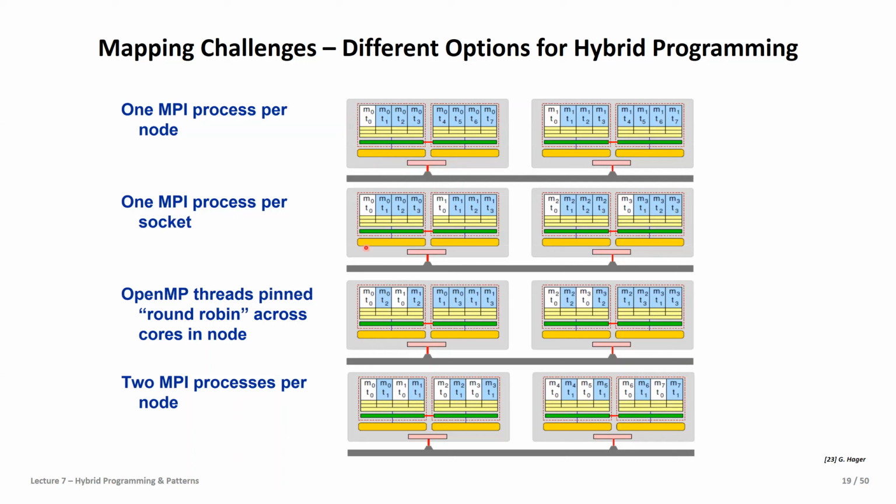Or you would do an MPI process per socket, where you're still within the memory space, together on this one shared memory node. And then there's the possibility to do a kind of round robin across cores in the node, depending on how you specify this. Perhaps 2 MPI processes per node, as you see implemented here.